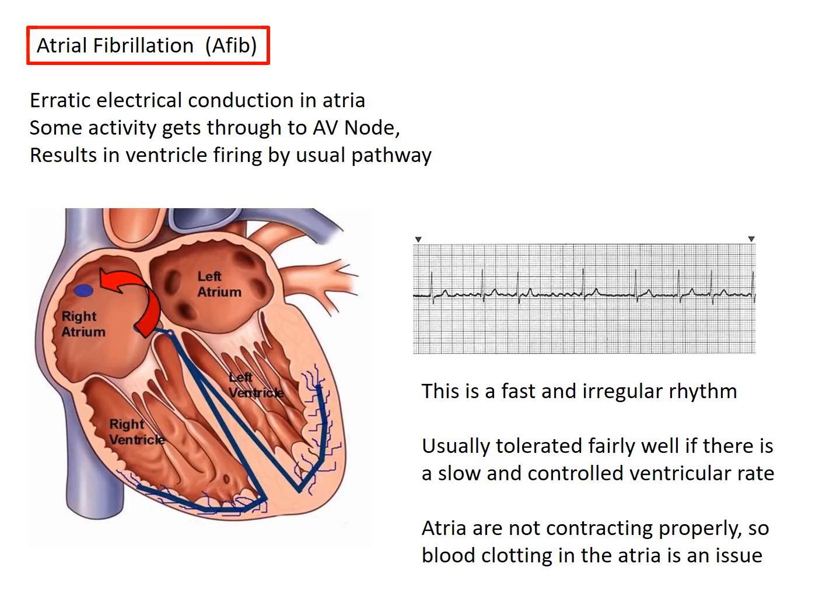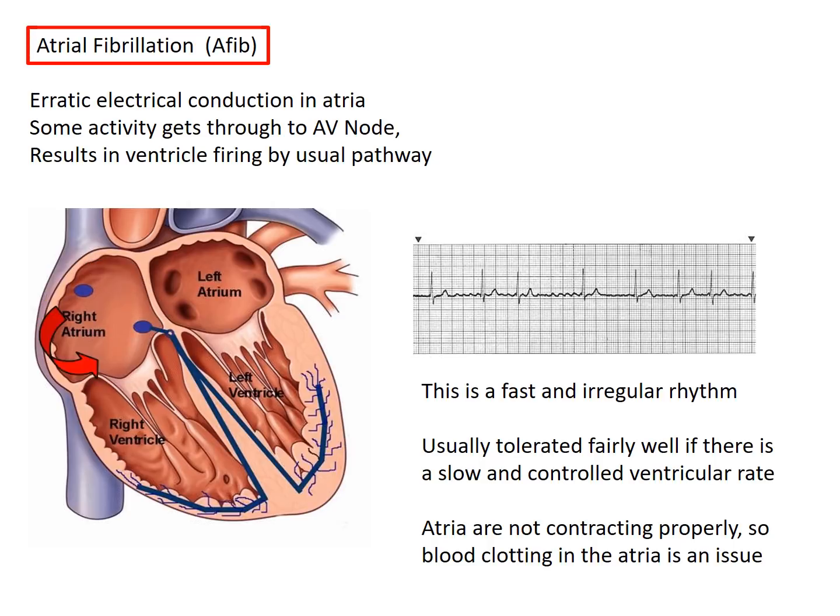Sometimes the ventricular response in AFib is relatively controlled. Sometimes it's really fast. Almost always, though, the ventricular response is irregular. So rather than getting a nice paced rhythm, you get an irregular rhythm, which might be very fast or mild to moderately fast.